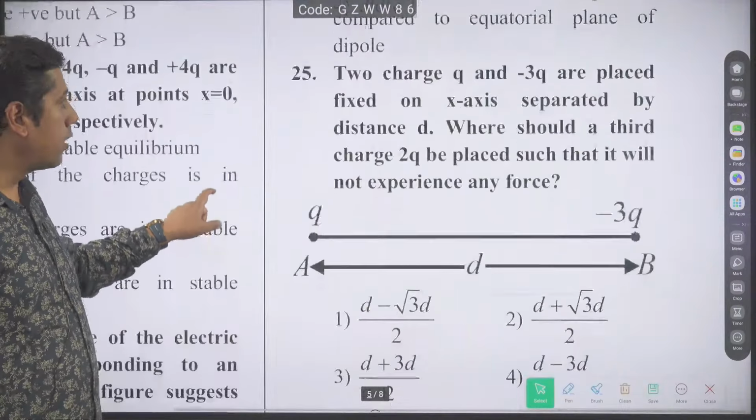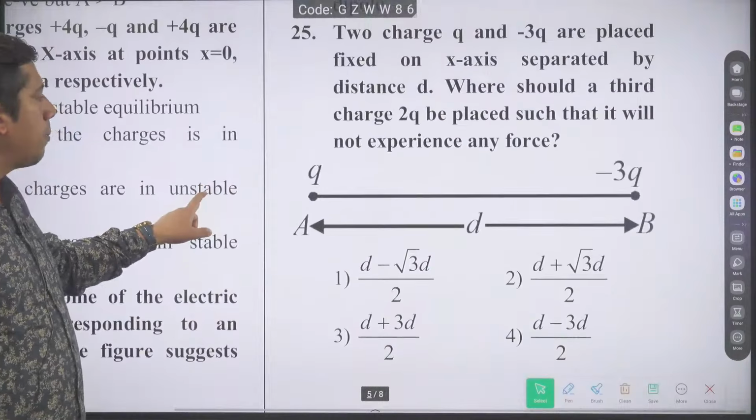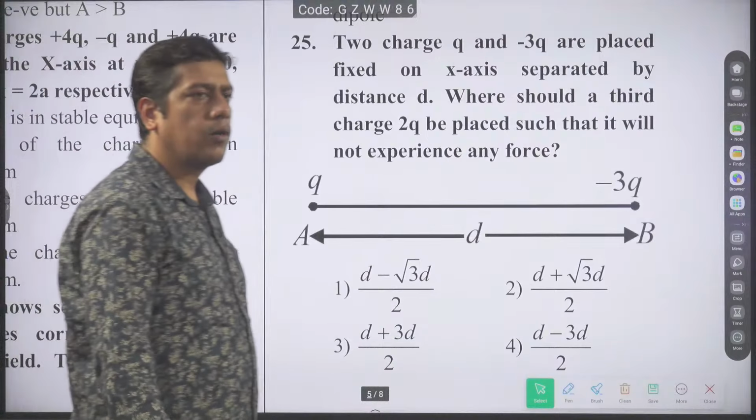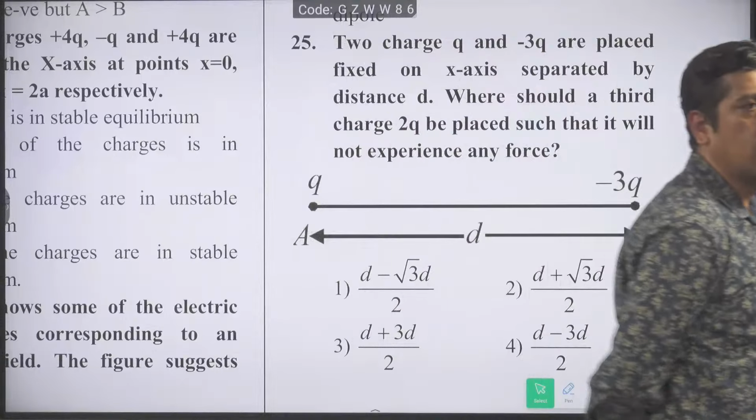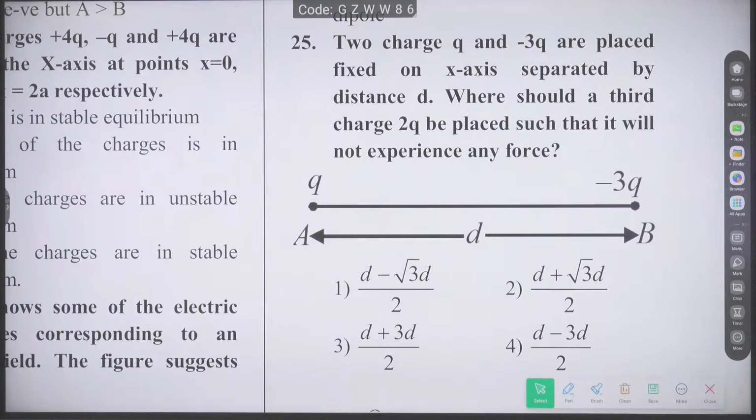This is a null point question. I hope you remember the result. 24 का 4 होगा, 24 4, 25. Direct formula we remember.